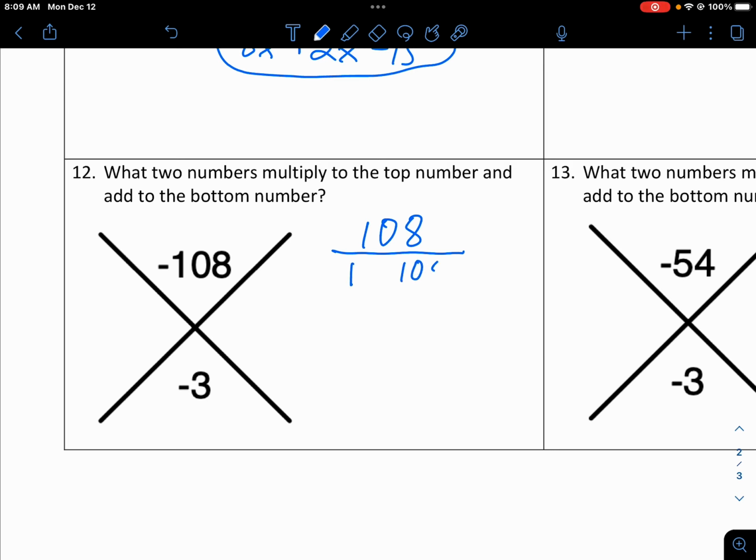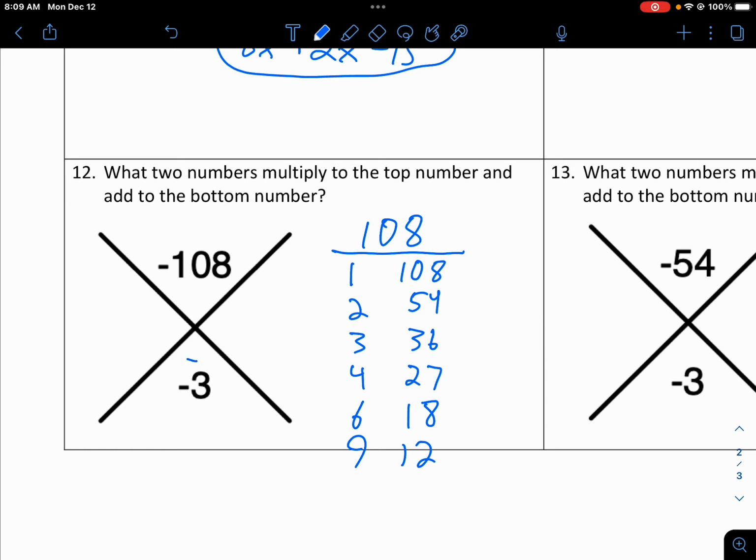So you've got 1, 108, 2, 54, 3, 36, 4, I think 27. Yeah, 27. Not 5. 6 and 18. Not 7. 8. Not 8. 9. 9 and 12. And I think that's it.